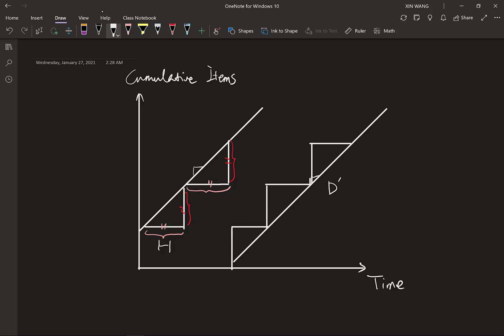Also, we want to mention that for each item, we assume the system follows the first in, first out rule. That means for a produced item, if it arrives early, it will be consumed early. And then to analyze the holding cost, we will focus on these triangles.